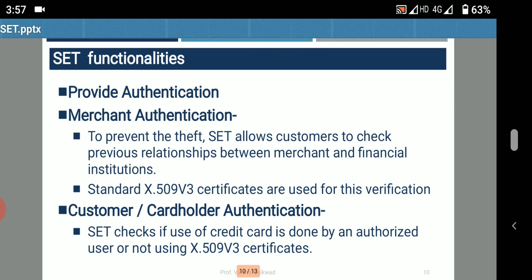To prevent theft, SET allows customers to check previous relationships between the merchant and financial institution. Standard X.509v3 certificates are used for this verification.